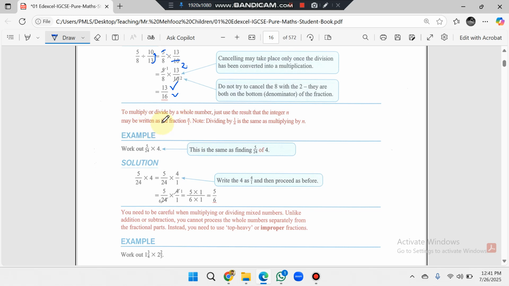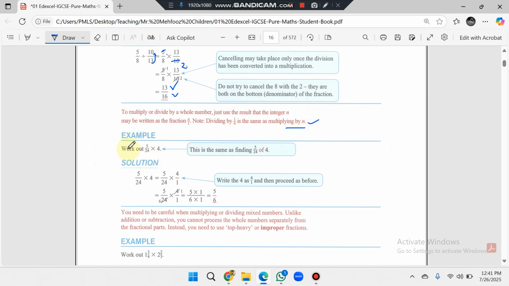To multiply or divide by a whole number, just use the fact that the integer n may be written as the fraction n over 1. Note, dividing by 1 over n is the same as multiplying by n. So if we are multiplying by n and want to write it in the form of division, we take the reciprocal of n, right?